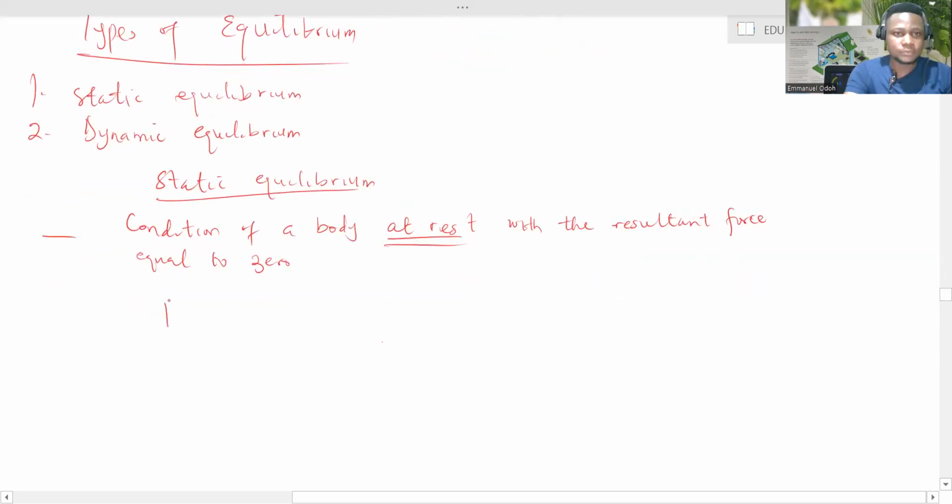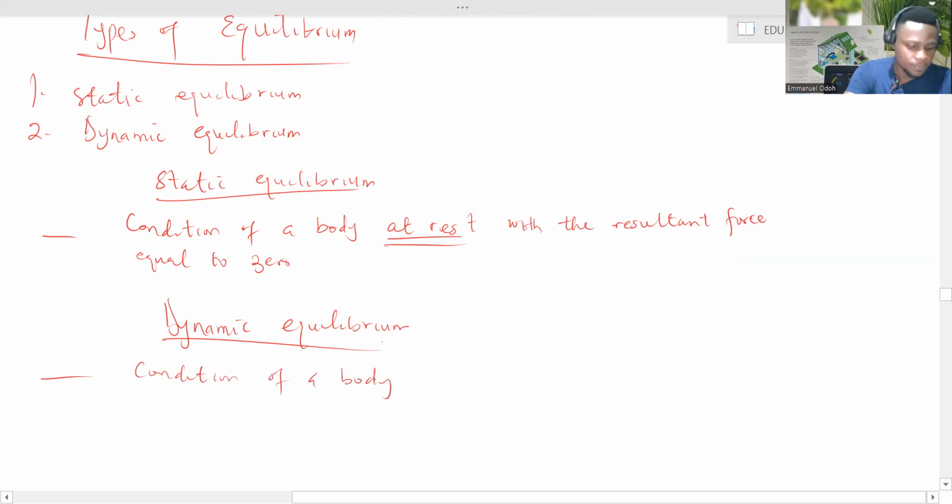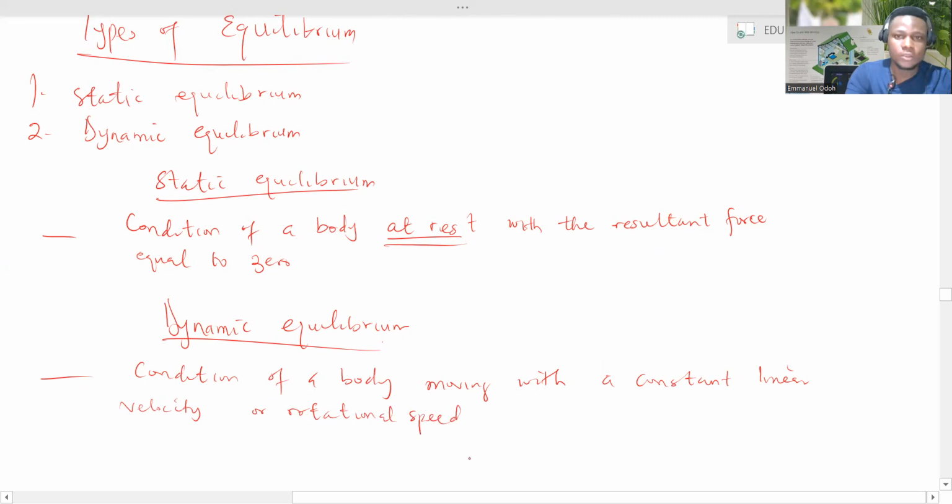So for the dynamic equilibrium, it is the condition of a body that is moving with a constant linear velocity or rotational speed with the resultant force on it equals to 0.